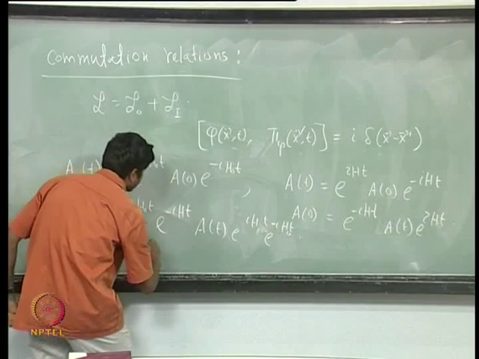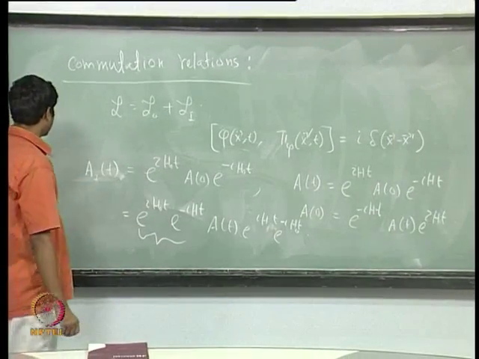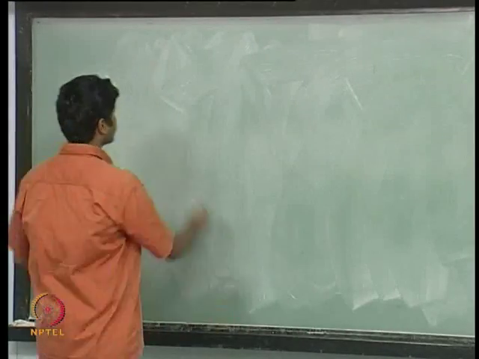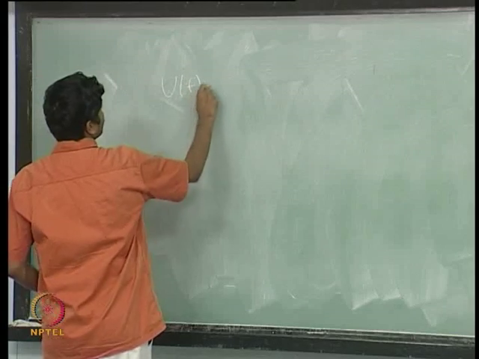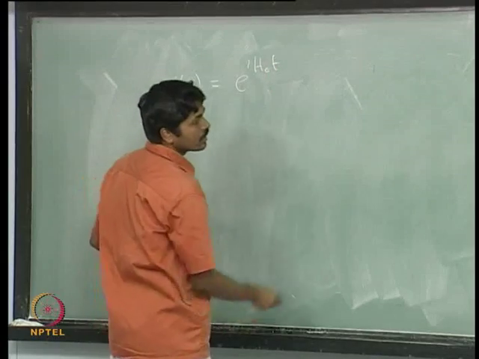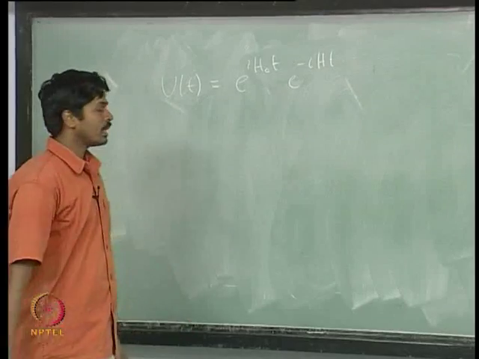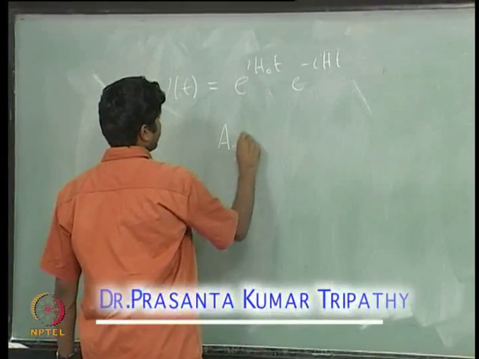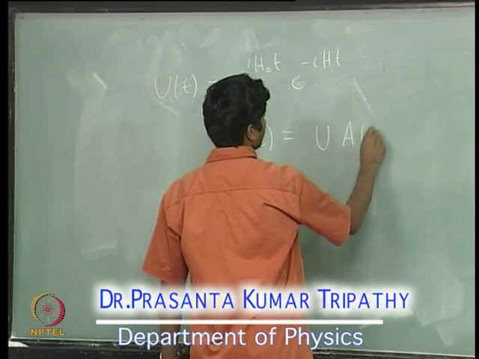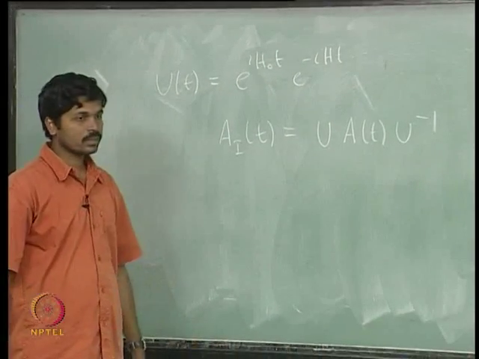You can define an operator U. So, let us introduce this operator U of t to be e to the power i H0 t e to the power minus i H t, then A_I t equals U A t U inverse, right. This is what we get.